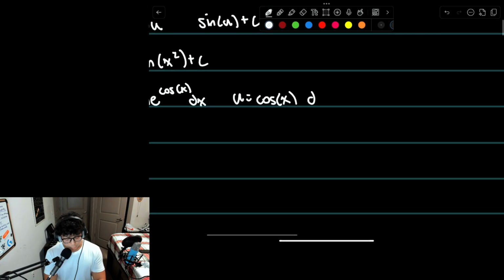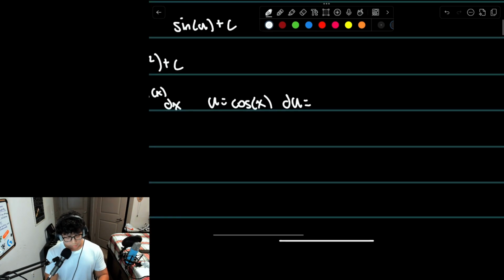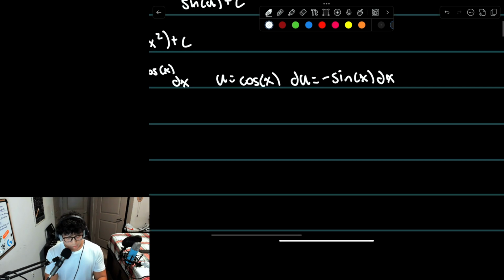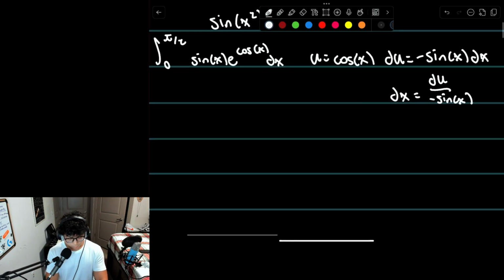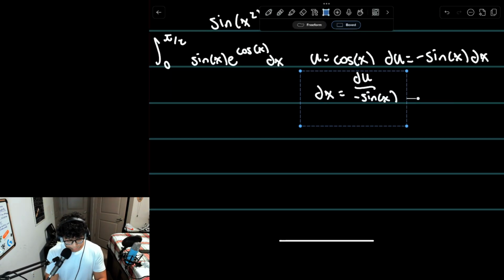We know that the derivative of cosine is negative sine, so du is negative sine x dx. Solve for dx, which becomes du over negative sine x. I'll move that under the u.